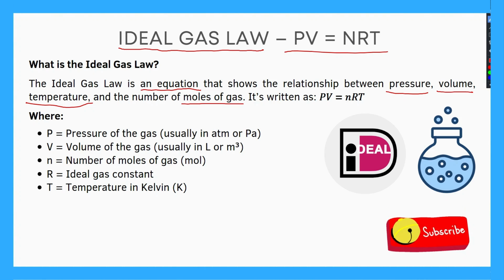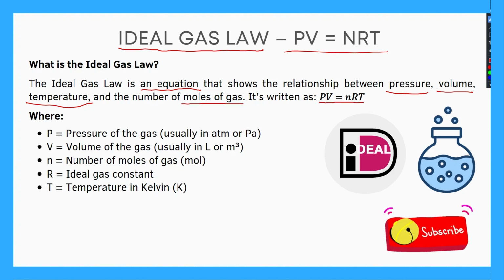For instance, Boyle's law showed the relationship between pressure and volume. Charles's law showed the relationship between volume and temperature, and so on and so forth. Now, today, what we're looking at is the ideal gas law. It is an equation that shows the relationship between pressure, volume, temperature, and the number of moles of a gas. And it is written as PV is equal to nRT.